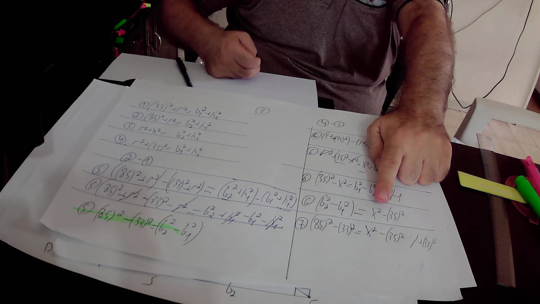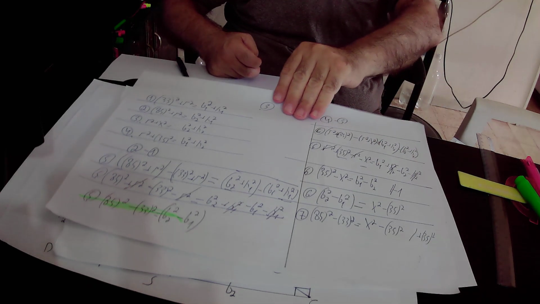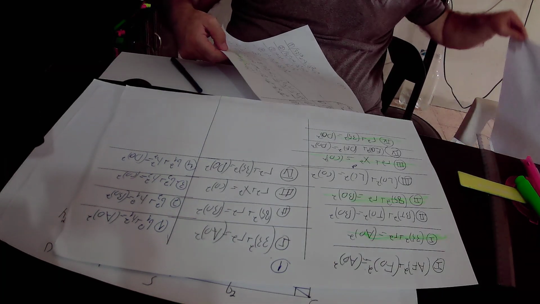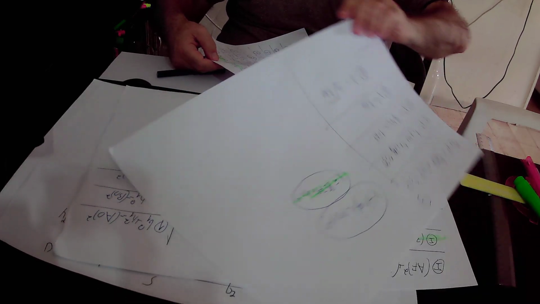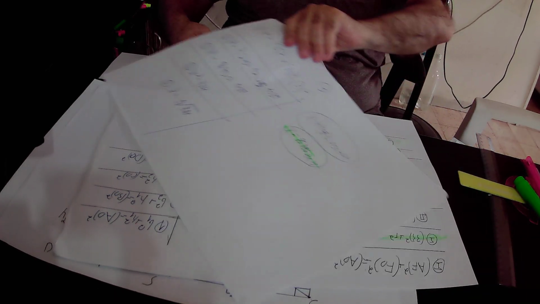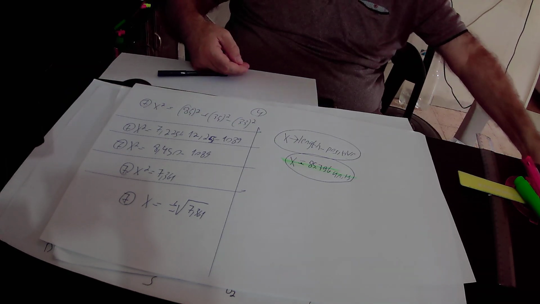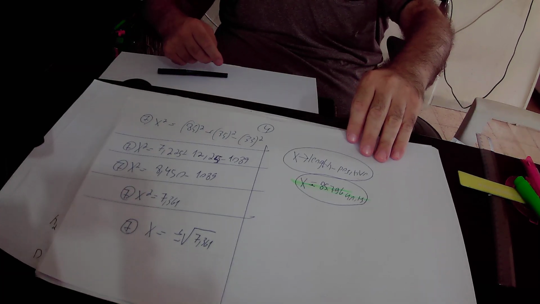Here we added 35 square to this equation number 7, and found out that according to equation number 7, x square equals 85 square plus 35 square minus 33 square.